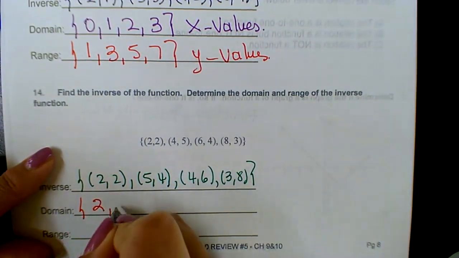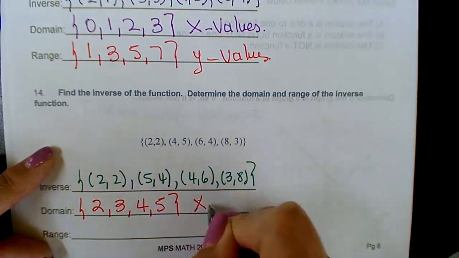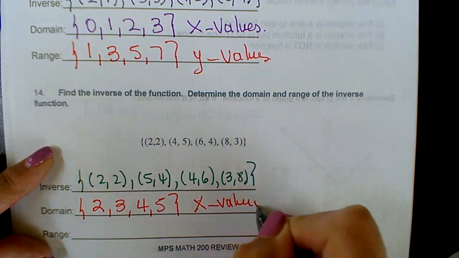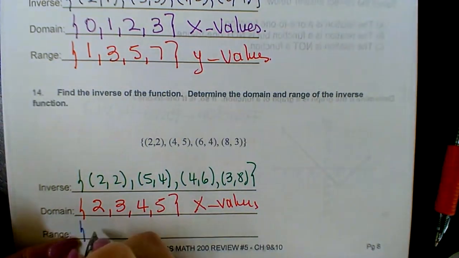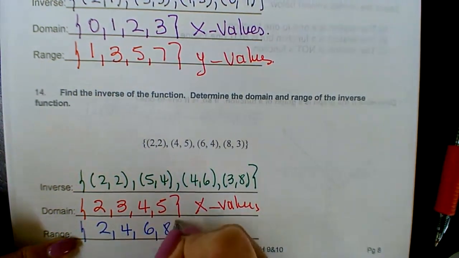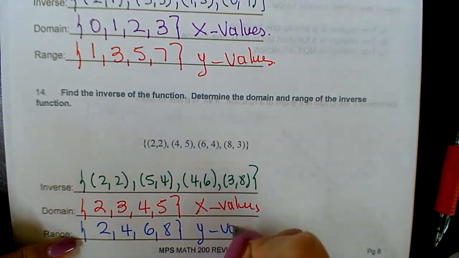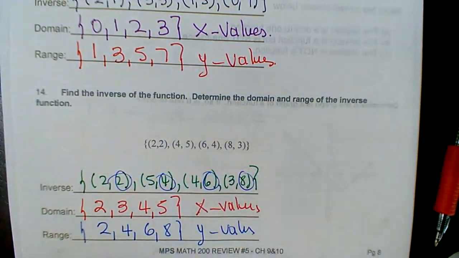Domain would be 2, 3, 4, and 5. Those are the x values. And the y values are 2, 4, 6, and 8. This is y.